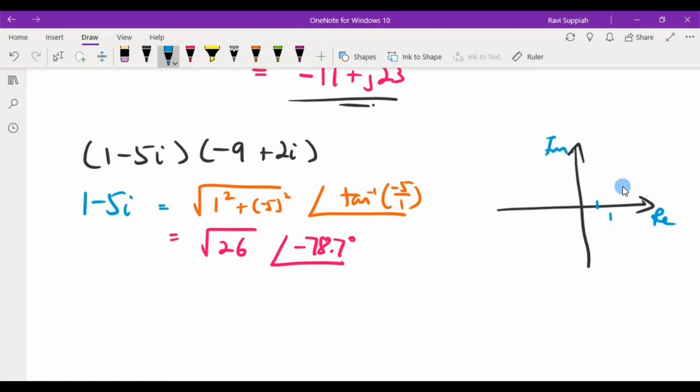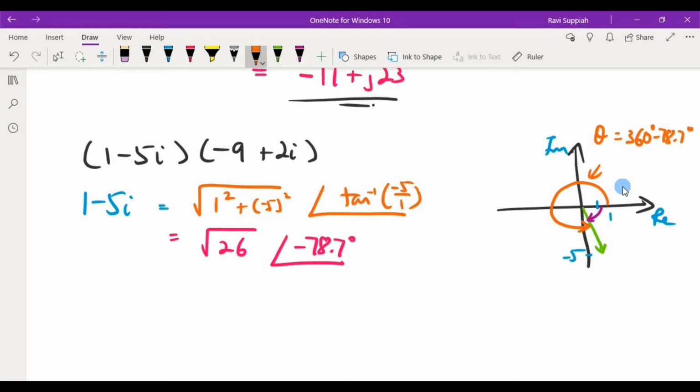Under the imaginary part, it would be here, minus 5. So this angle negative 78.7 degrees is representing from here going in this direction, but the actual theta is in this direction. Correct, so theta in this case is equal to 360 degrees minus 78.7 degrees.